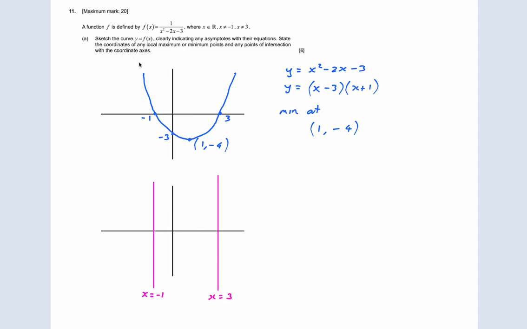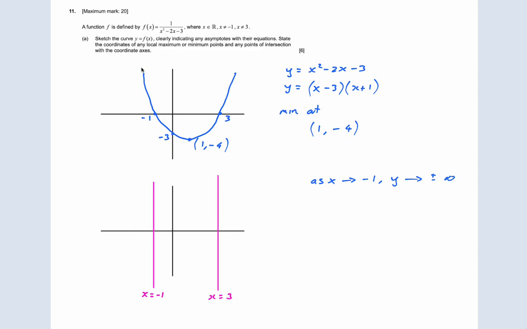Well, because as x approaches -1, y approaches infinity, because this is approaching 0, and 1 over a very small number becomes a very big number. Now, which infinity is it? Is it plus or minus? I'll write here plus or minus infinity, because it depends which side we're on.